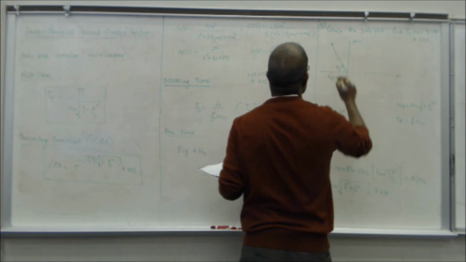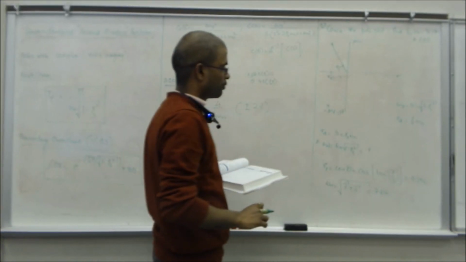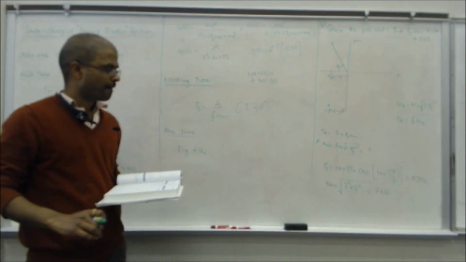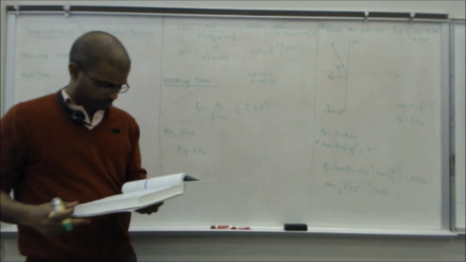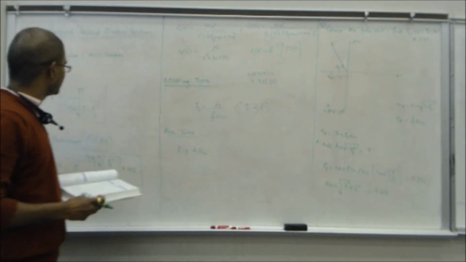So this distance actually is omega n, and this angle is theta. Okay. So once you do this, everything else is pretty simple.